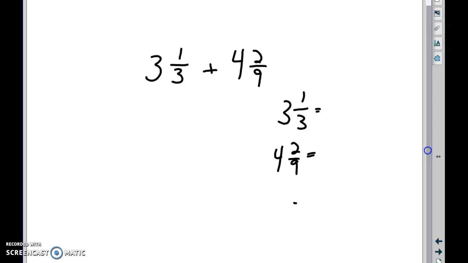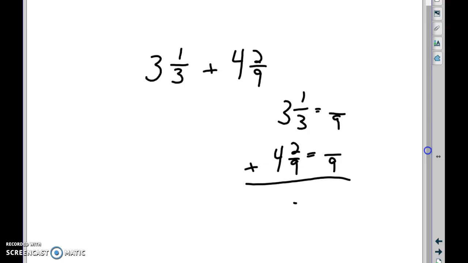So we have different denominators. That means we can't do it until we find a common denominator. What number will 3 and 9 both go into? I'm hoping you said 9, but you also could have said 18, and you also could have said 27.